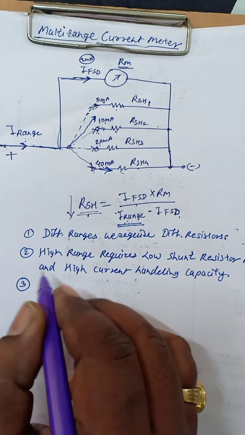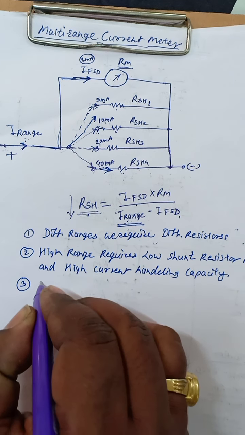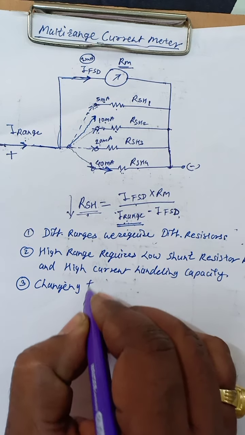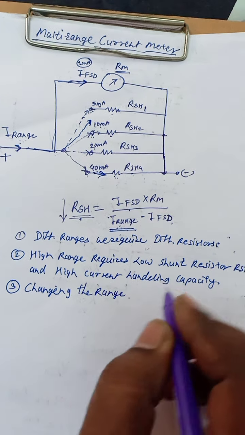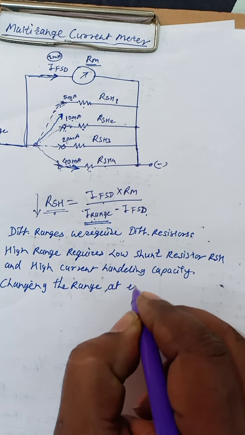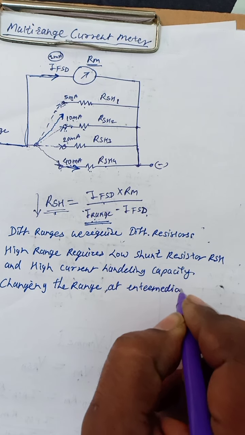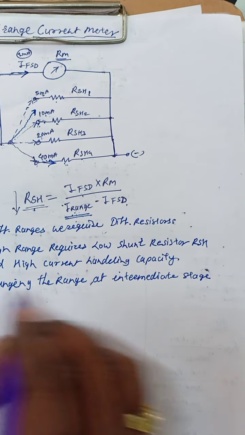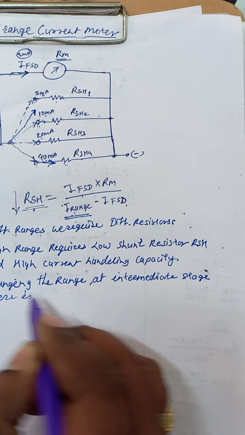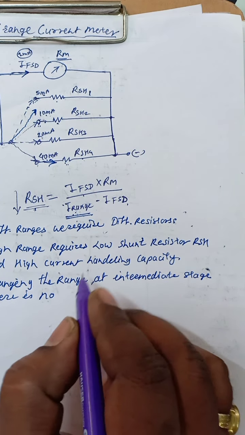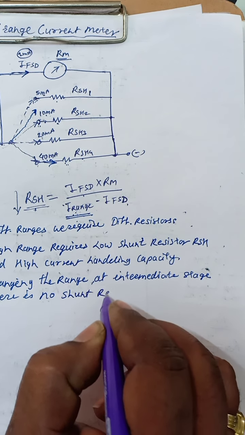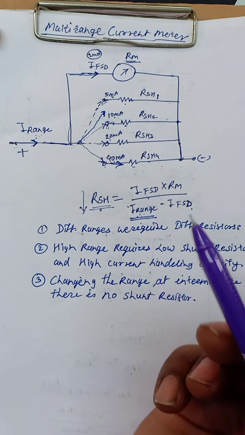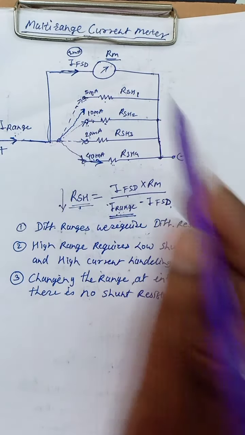What is the third disadvantage? By changing the range, at the time of changing the range, at the intermediate stage there is no shunt resistor, and maximum current flows through the meter.